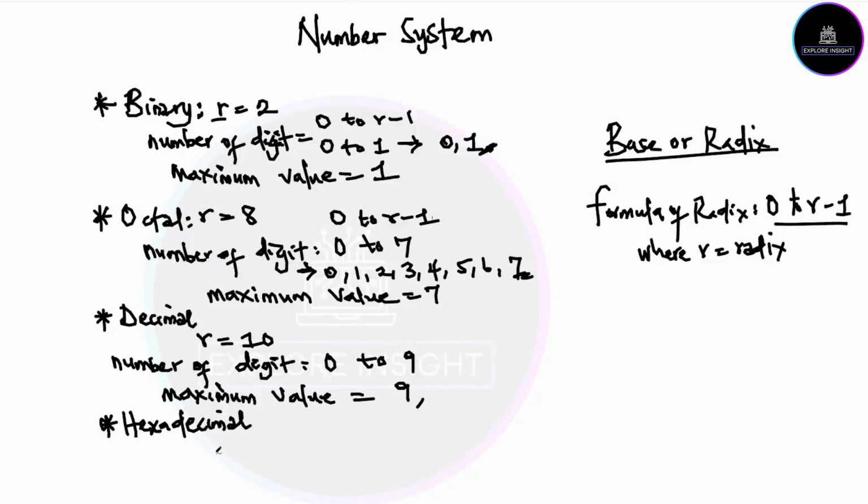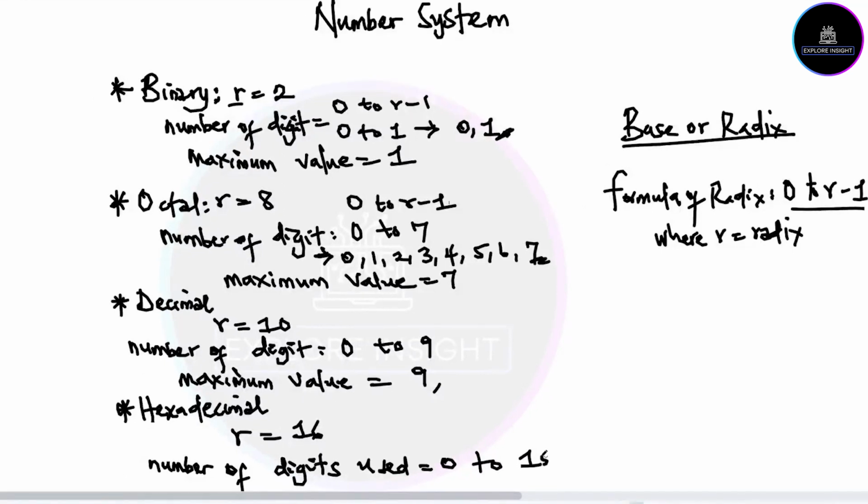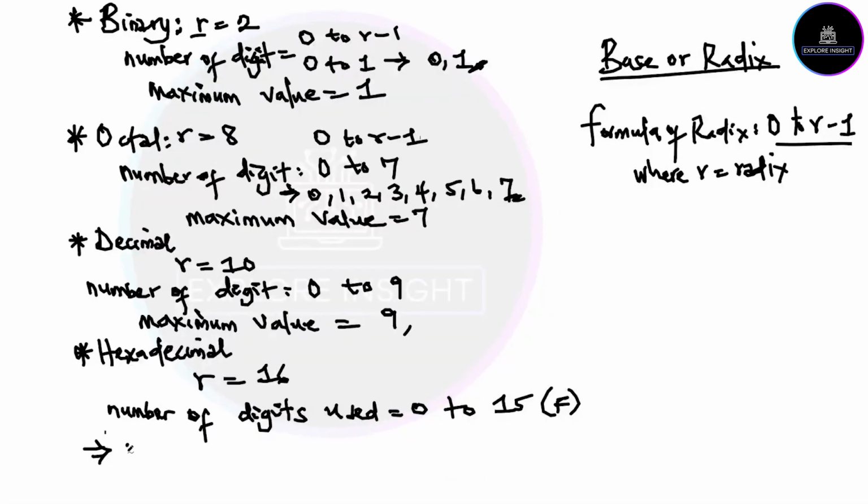Now let's move to hexadecimal, where the radix is 16. The digits used will be from 0 to 15, where 15 is represented as F. Why? Let me list it as 0, 1, 2, 3, 4, 5, 6, 7, 8, 9, 10.